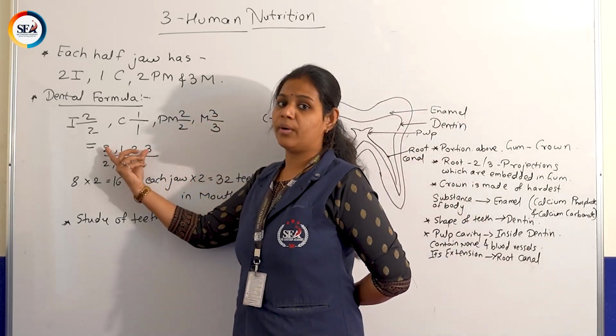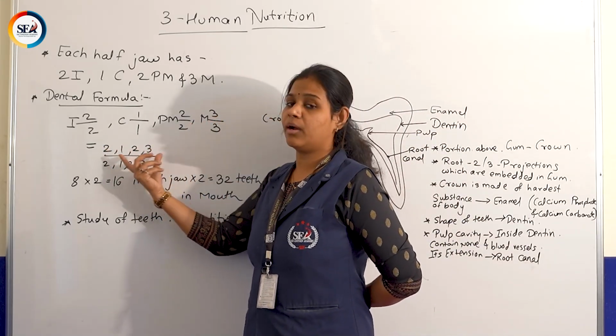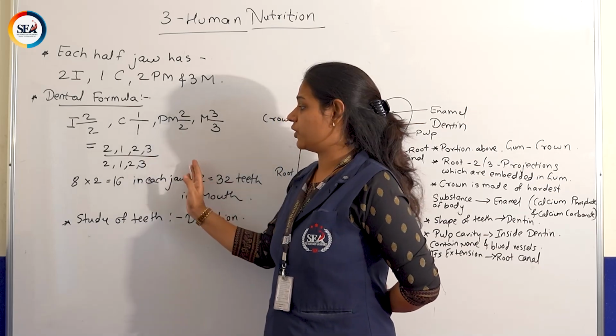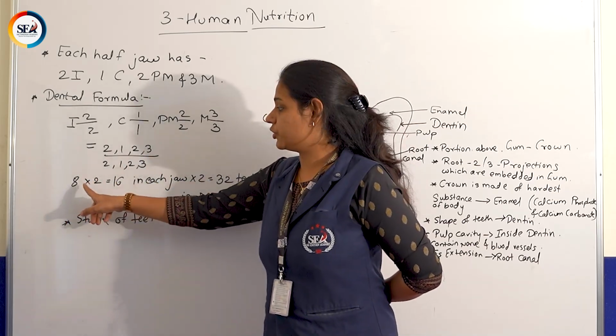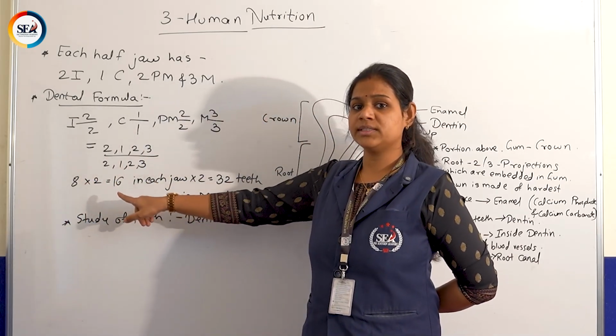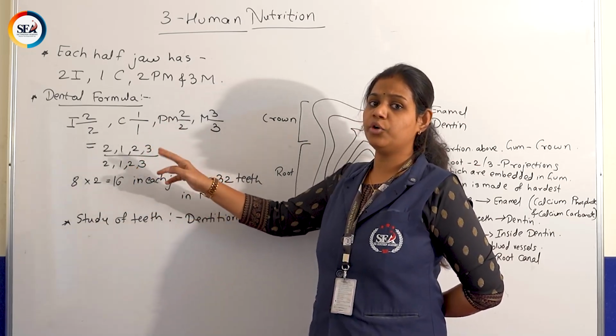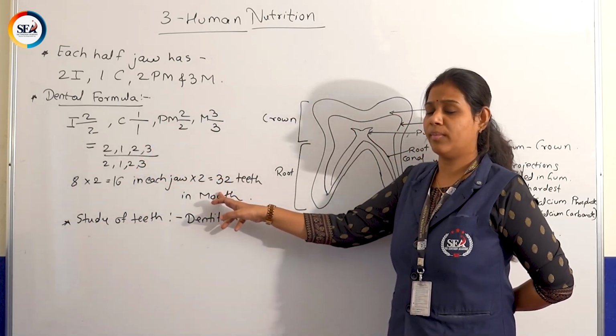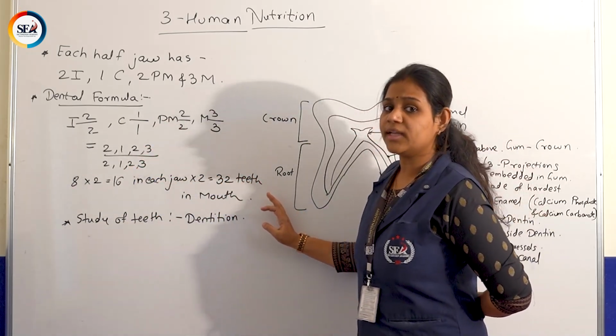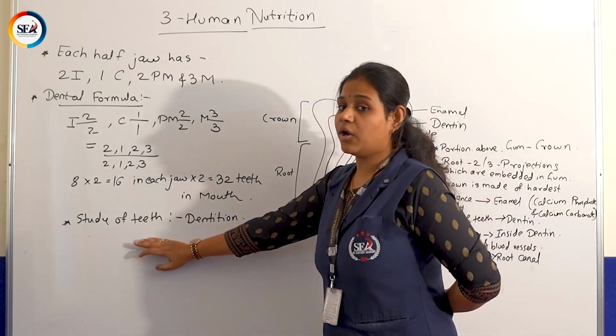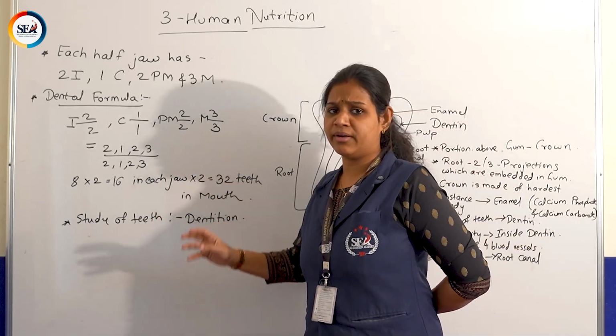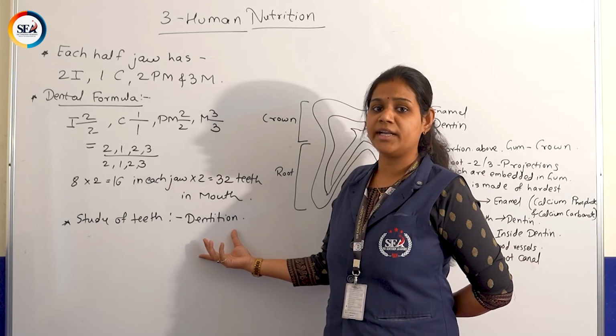This is 2, 1, 2, 3 upon 2, 1, 2, 3, which is for the half jaw. If we multiply it by 2 we get 16 for one jaw, and into 2 we get 32 for the whole mouth. So we have a total of 32 teeth. The study of teeth with respect to their arrangement and number is called dentition.